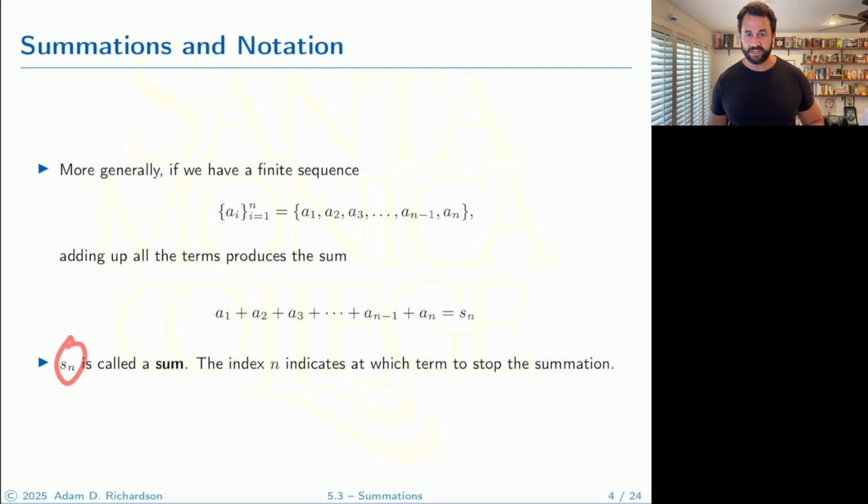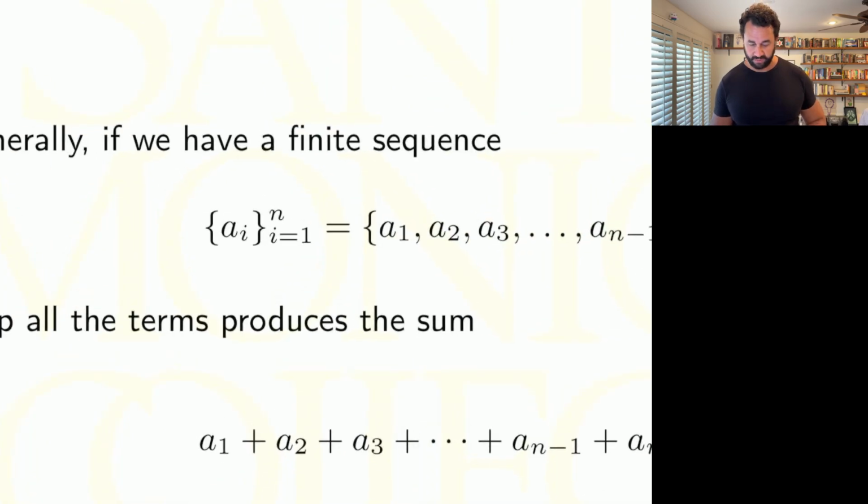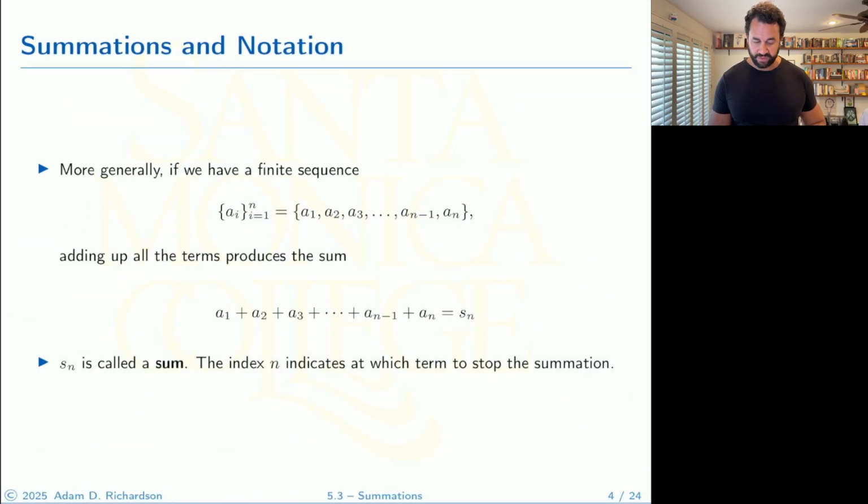S sub n is what we call a sum, and the index n just indicates where to stop the summation. So if you look here at this notation for a minute, here is the sequence. The starting index is 1, and the final index is n in this case. So that number on the top is telling you where to stop the summation.